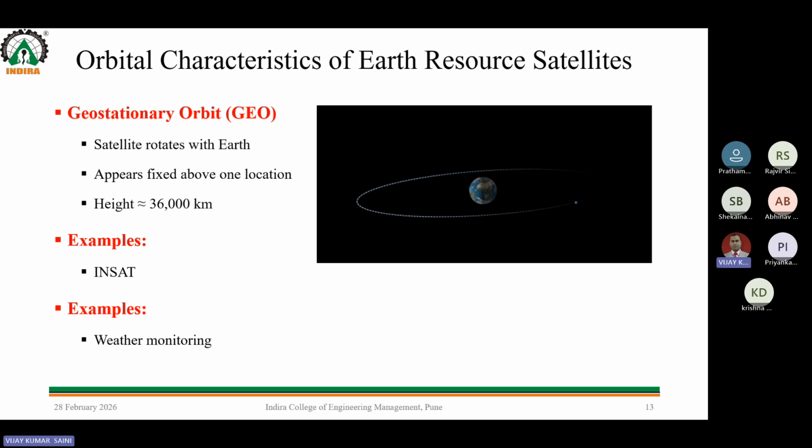The height is already given, that is 36,000 kilometers, and an example is the INSAT satellite. This helps basically in weather monitoring. In this image you can see Earth is rotating, and the satellite is also moving along with the Earth's rotation.